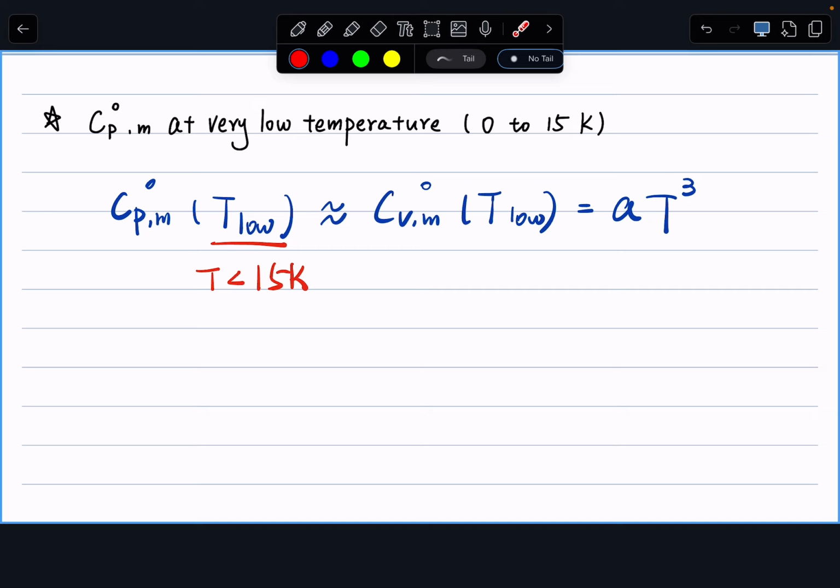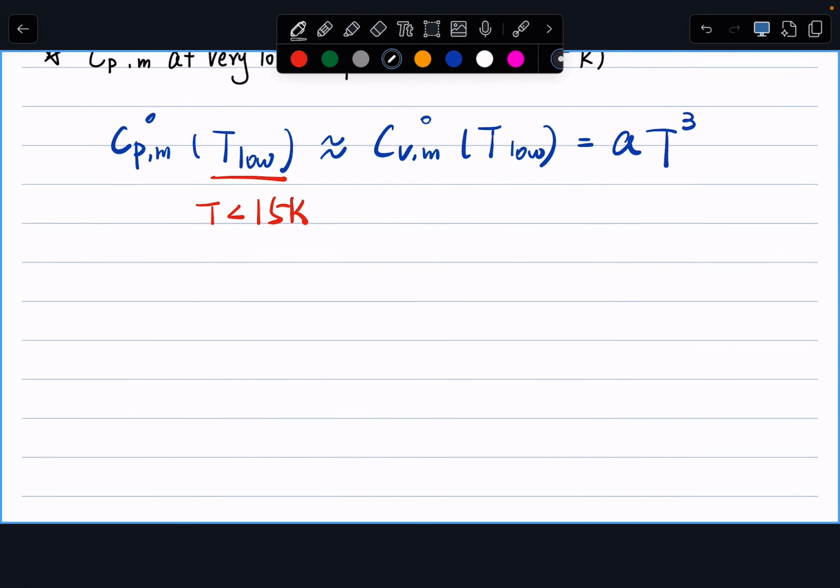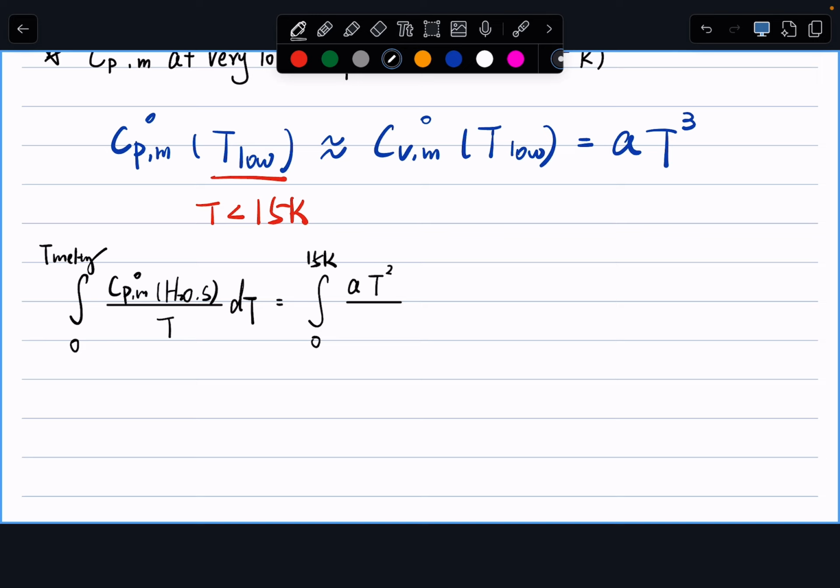So with that in hand, we can simplify this relationship a little bit, right? For our purpose, we are rewriting the integral from 0 to T melting point of Cpm naught of H2O solid over temperature dT into 0 to 15 Kelvin of the low temperature heat capacity, which is AT cubed over T dT, plus the integral from 15 Kelvin to T melt of Cpm naught over T dT.